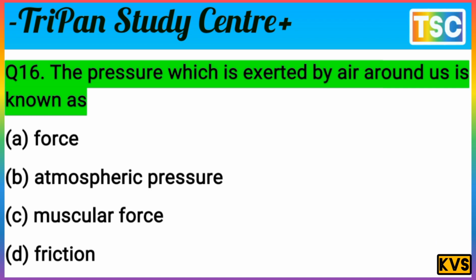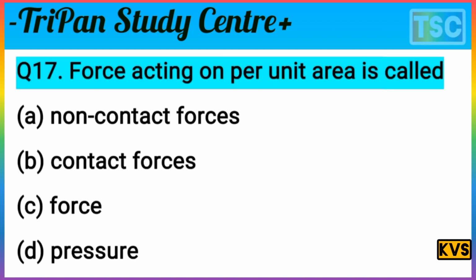Let's see the next question here. Next question on your screen. Force acting per unit area is called: A. Non-contact force, B. Contact force, C. Force, D. Pressure.